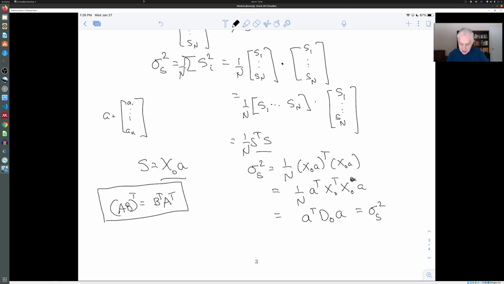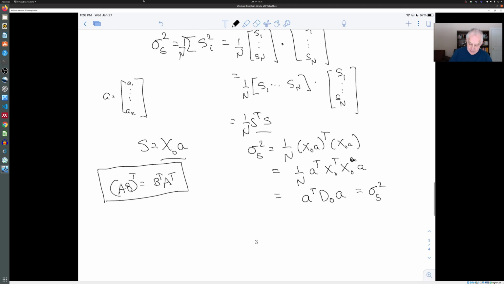And if you're interested not just in the variance, but if you have two scores, so let's say you have S, which is X0 with weights A1 down to Ak, and T, which is X0 with weights B1 down to Bk, these are two different scores computed with different weights, then the covariance of S and T we can write using X0A and X0B.